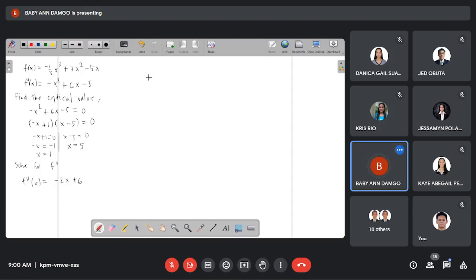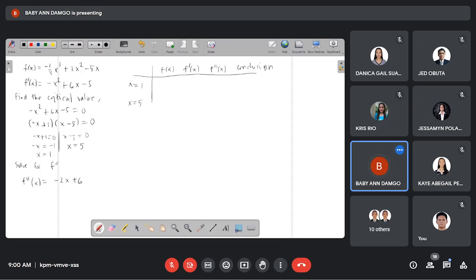Okay, so we can create the table. Okay, so we have f of x, f prime of x, f double prime of x, and then the conclusion. Okay. So we have here x is equal to 1 and then x is equal to 5.